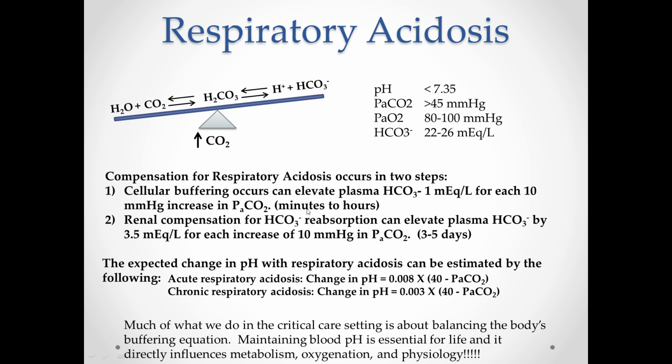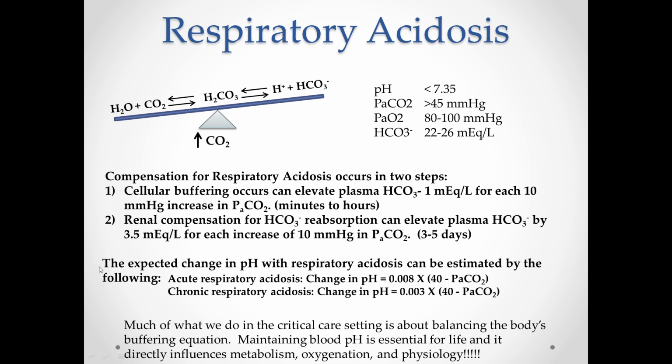This often takes minutes to hours. Renal compensation for bicarb reabsorption is the second mechanism that occurs, and that can elevate plasma bicarb by 3.5 milliequivalents per liter for each increase of 10 millimeters of mercury in PaCO2, and this takes usually between 3 to 5 days.